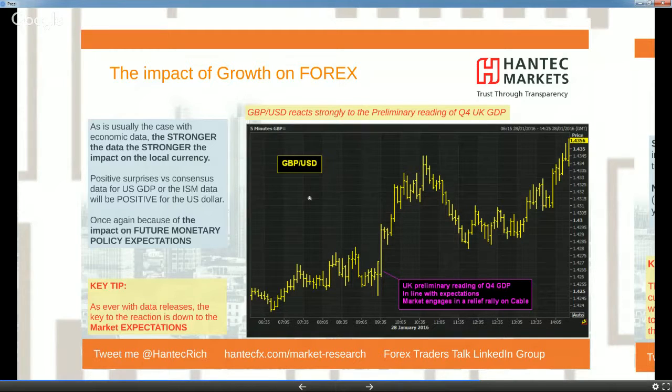Now, as ever, when I talk about this data, I know a lot of retail traders will want to trade the data. There are obviously different ways of doing it. You can trade in front of the data, which takes on a bit of a 50-50 gamble, or you can trade just in the wake of the data and go with the data surprise.